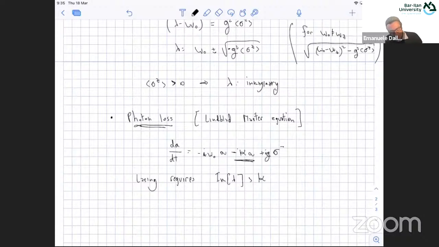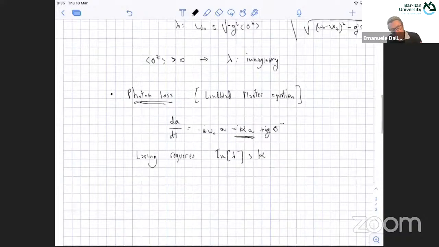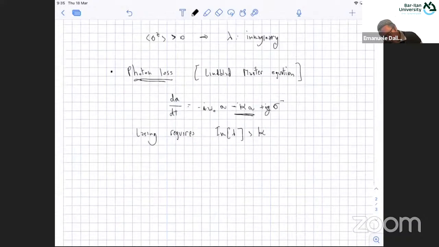Let me just mention how can we describe the lasing transition? This is a concept that is going to be useful. So a way to do that is to look at the complex plane of these eigenstates. So here we have, say, the real part of lambda, and here we have the imaginary part of lambda.